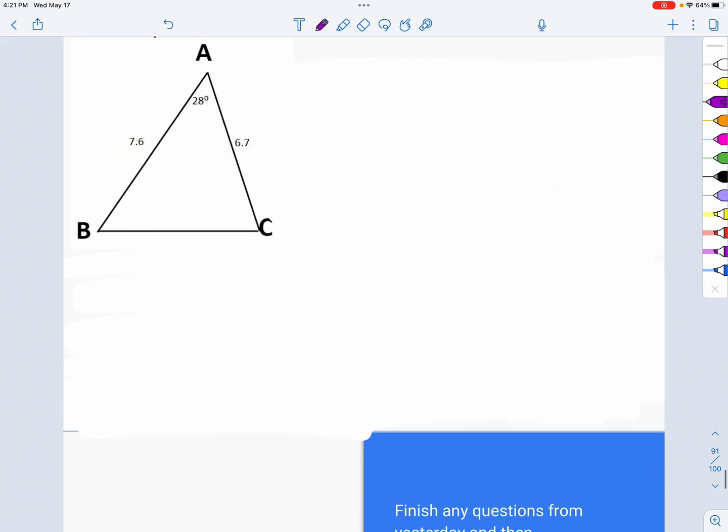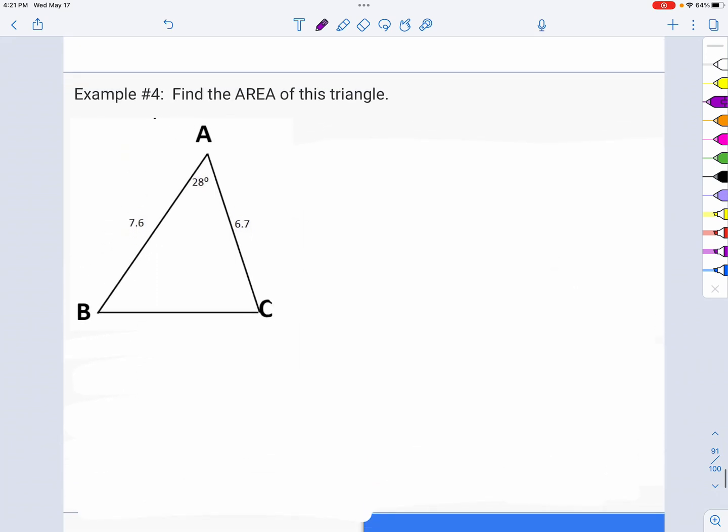One last question, and this question's not hard, but a lot of trigonometry comes down to a visual thing. This question says find the area of the triangle. Well, we know the area of a triangle is base times height divided by 2. And when you see a triangle this way, we want to say that this is the base and this is the height, right?